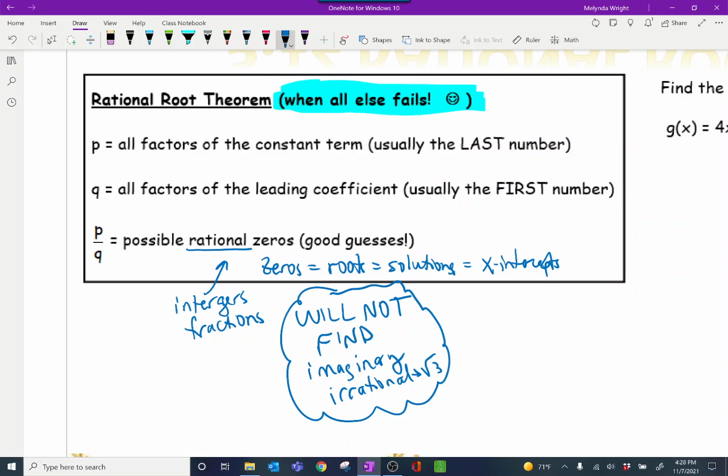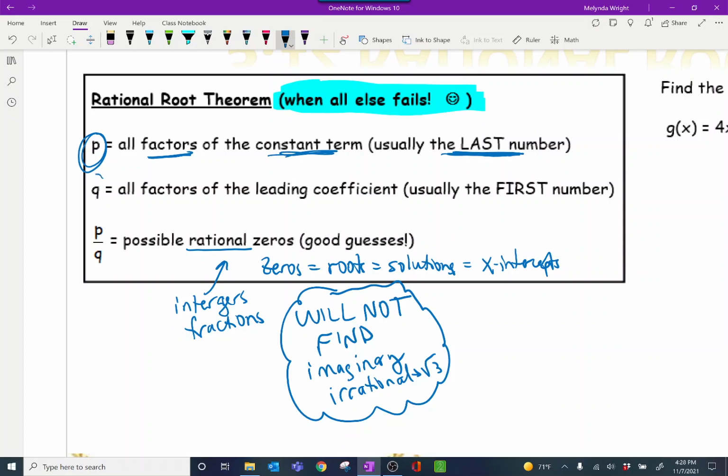So how do we do this thing? Some people call it P over Q. If you say P over Q, maybe they'll know you're talking about the rational root theorem. P stands for all the factors of the constant term, which, if the polynomial is in standard form, would be the last number.